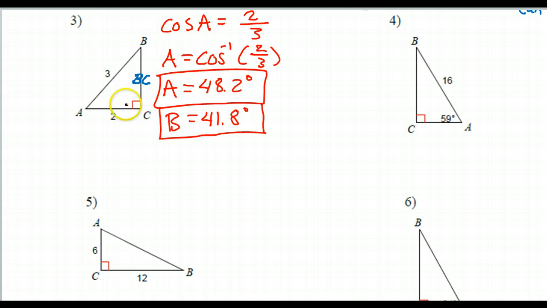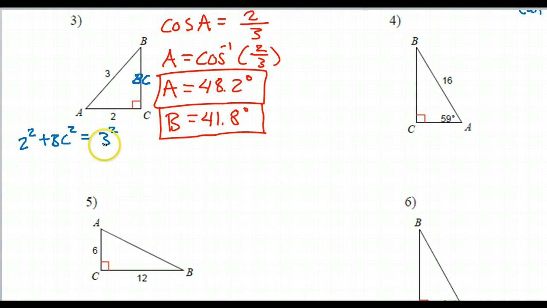I've got 2 sides given, trying to find the third side. Please use the Pythagorean theorem. Do not use the angles that you just found, just in case you made a mistake and these are wrong. So we will do a squared plus b squared equals c squared. So this would be like having 2 squared plus bc squared is equal to 3 squared.